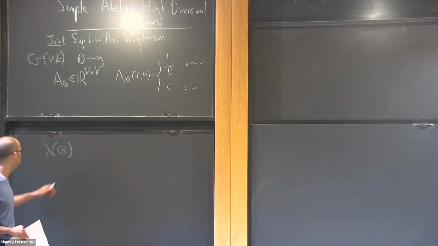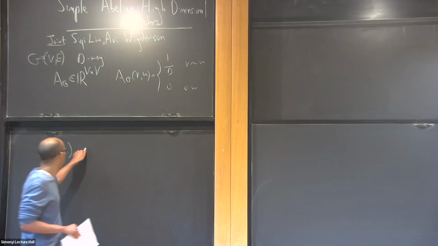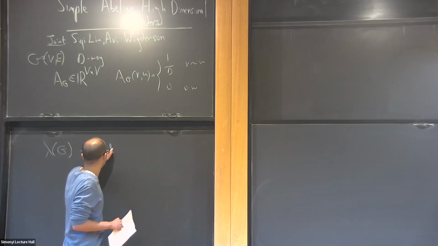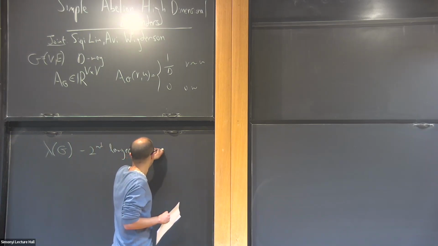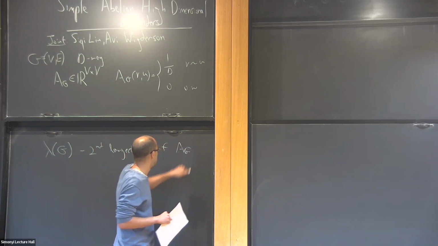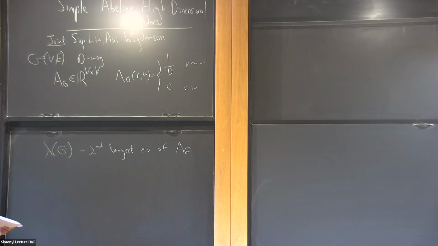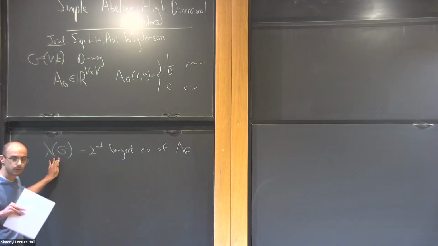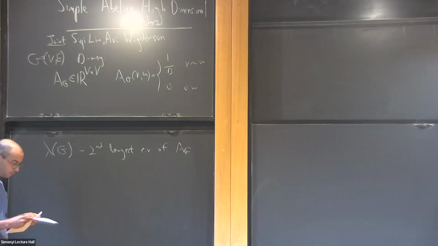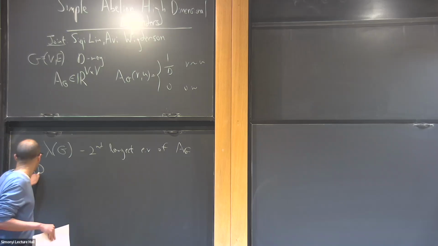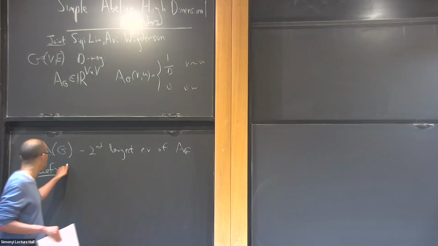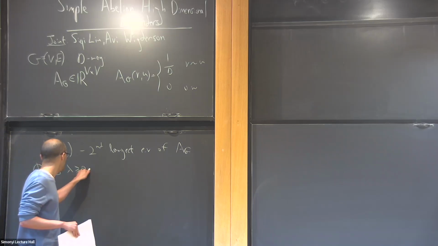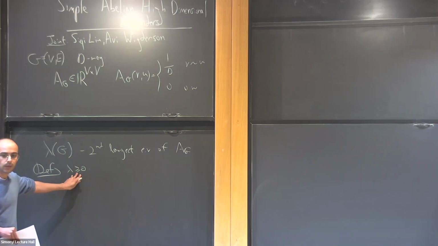In particular, we denote by lambda(G) the second largest eigenvalue of this matrix. And it's smaller than 1 if and only if the graph is connected. Some of you probably know this. So the definition of expansion that I'm going to use in this talk is the two-sided spectral expansion. It's as follows: let lambda be a constant.